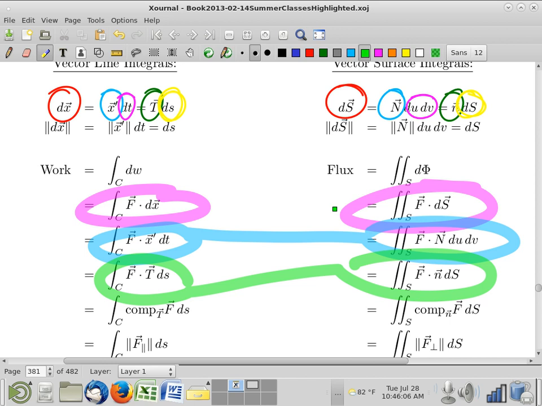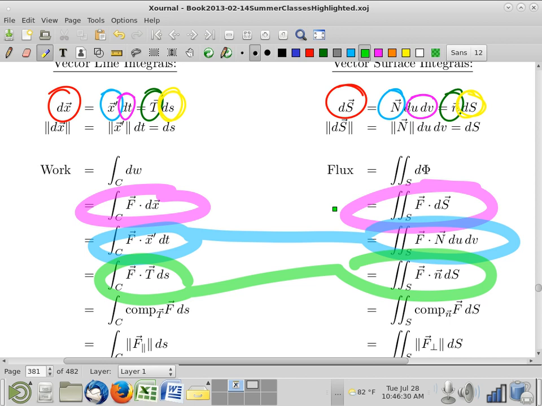If you're not entirely clear on what's the deal with the capital N vector, well, it's an analog of the velocity vector in vector line integrals. And you can think about what you understand over here on the line integral side to give yourself maybe a foot in the door on having an intuition for what's going on with the surface integral side.